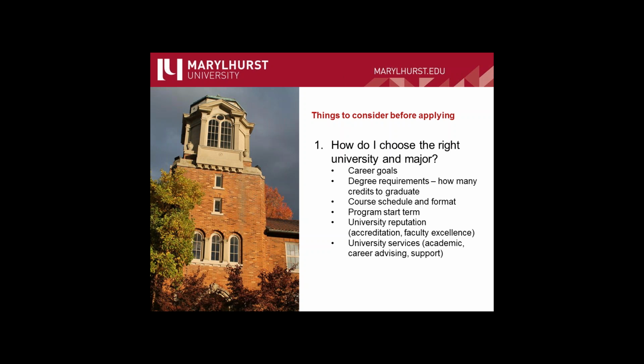Look at the support system that a university offers around career networking and internships, and support after you are a graduate. For example, our alumni relations here at Marylhurst does an amazing job of connecting our students with potential employers, and just general student support.